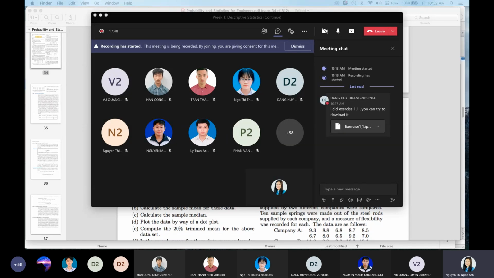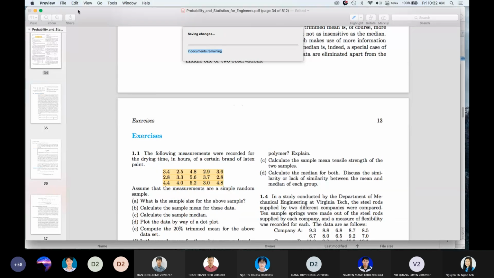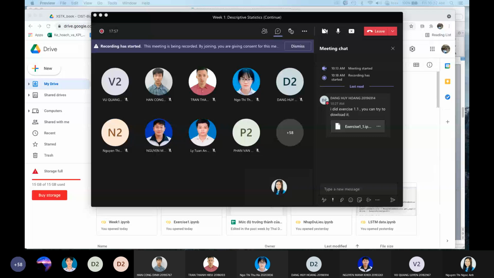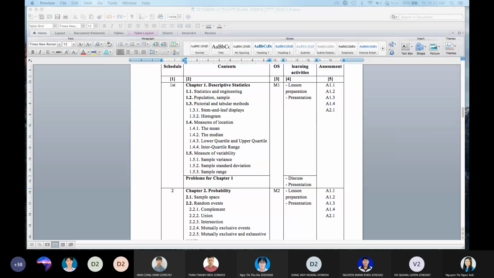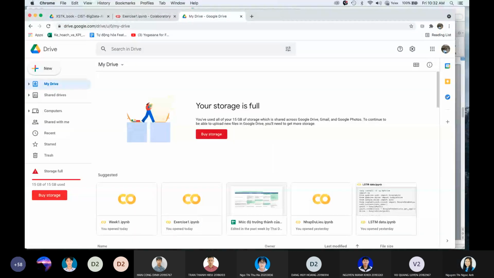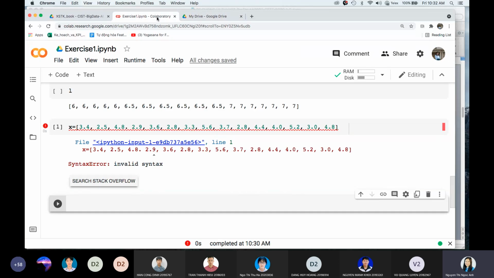I don't know why I can't download this file. Okay. Sorry, my computer today is not work well. How do I do? What's wrong here?